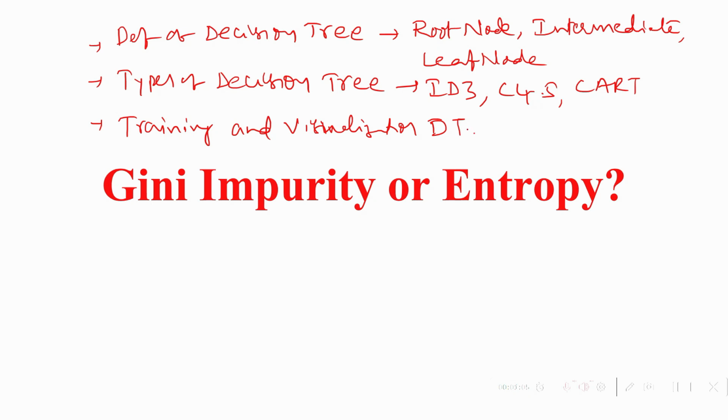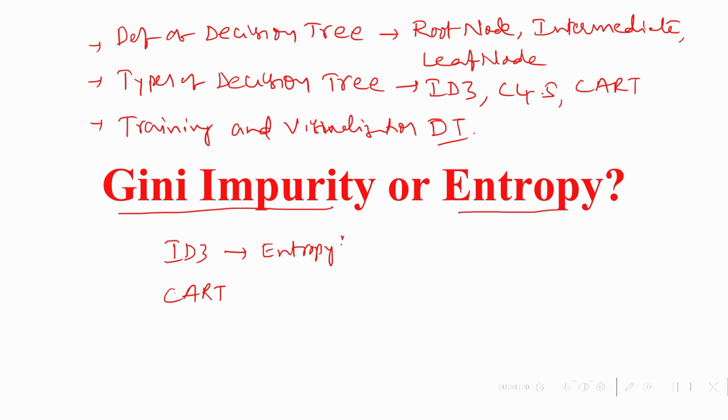Okay, now in this video I am going to explain the importance of Gini impurity or entropy. That means here we have different types of decision tree algorithms, like ID3 and the CART algorithm. Internally, entropy is one of the parameters.